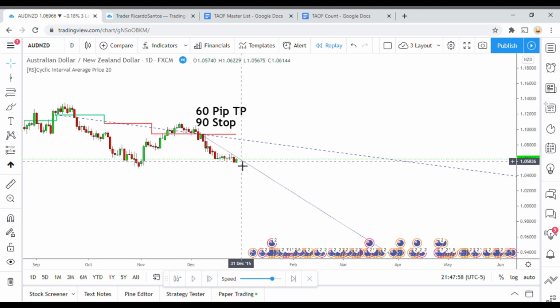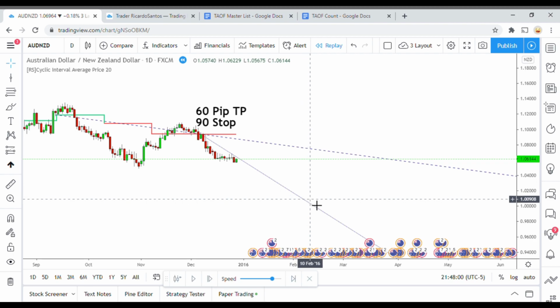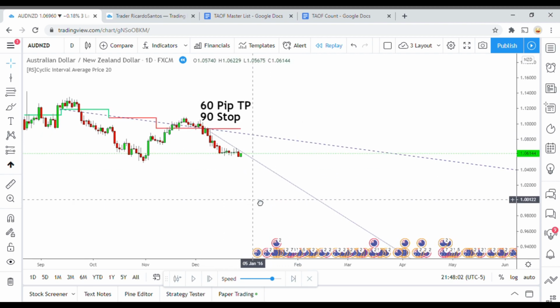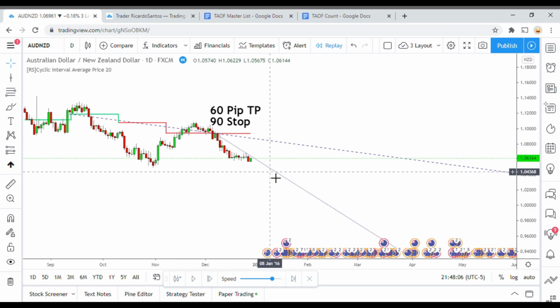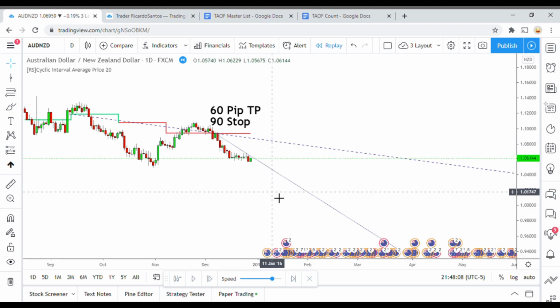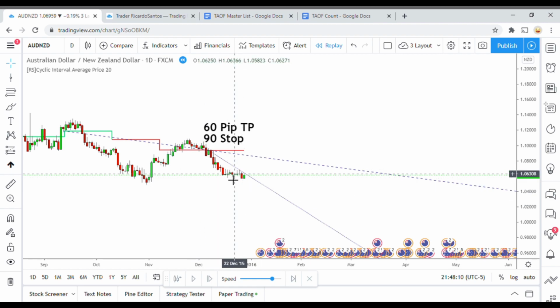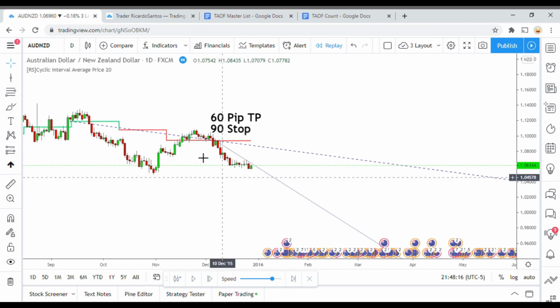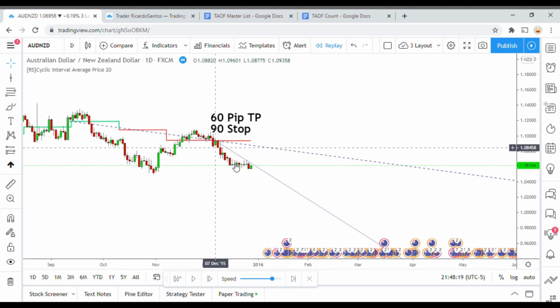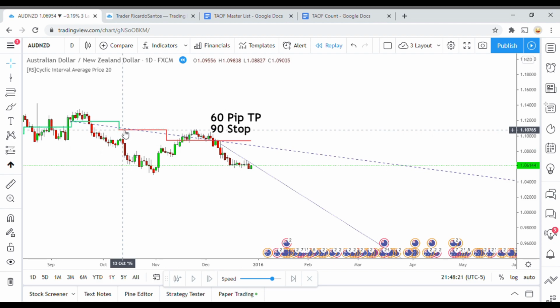It's doing the same thing with the dotted line here, the kind of harder to see, smaller dotted line. And so it's basically creating a couple layers of support and resistance. And so right now it would be kind of in the resistance, the overhead kind of phase, because it's in kind of a downtrend.